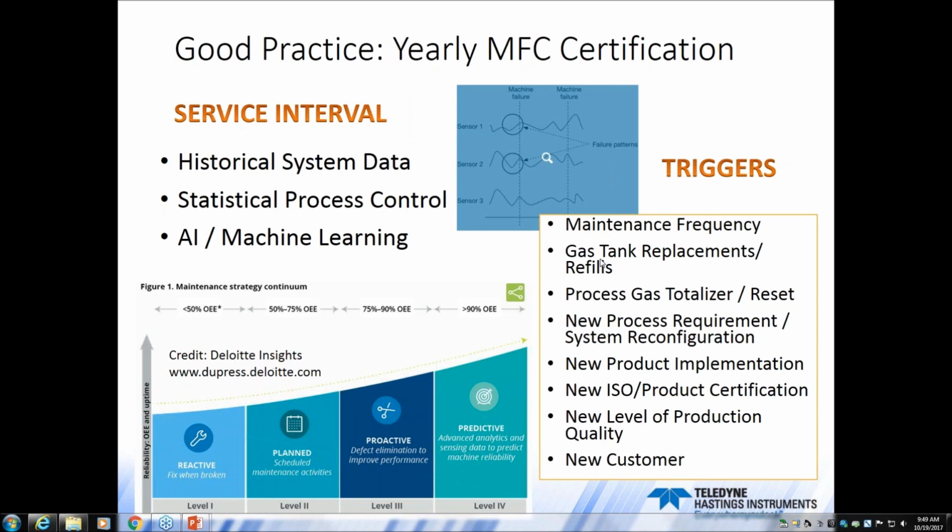New product implementation, new ISO or product certifications, and a new level of product or production quality are also triggers. They're very important, and sometimes one of the things that you want to do in these situations is to send your flow controllers out for service. A new customer, always requiring a new level of quality, can be an indication that you need to revise the standards that have to do with flow controller service and implement a service interval accordingly.